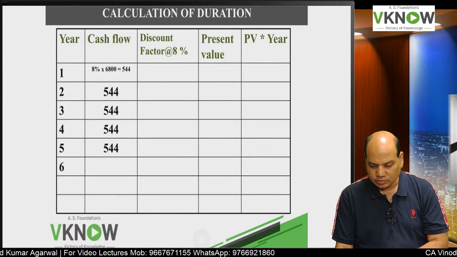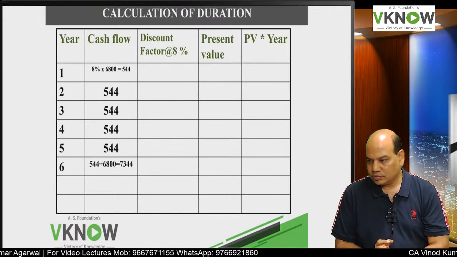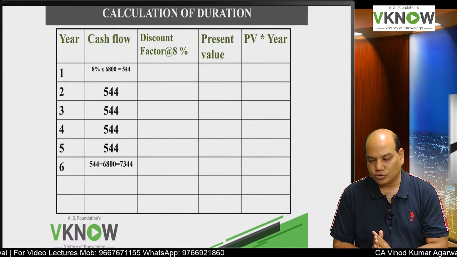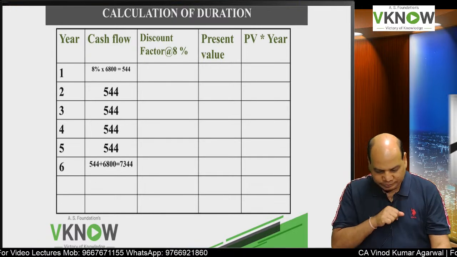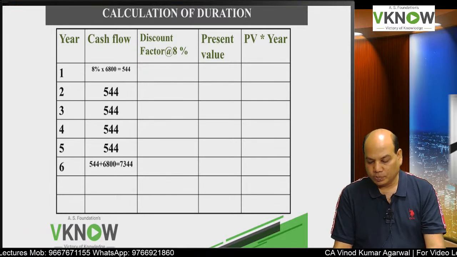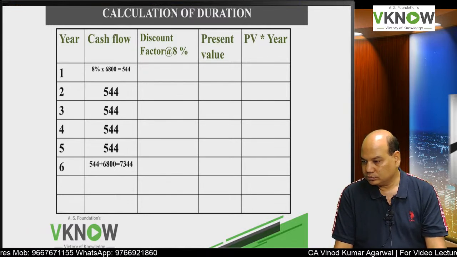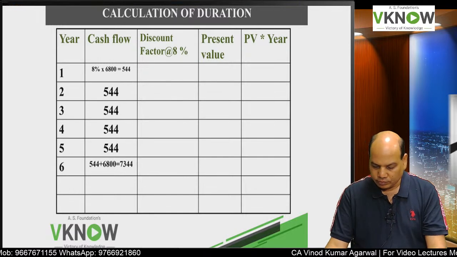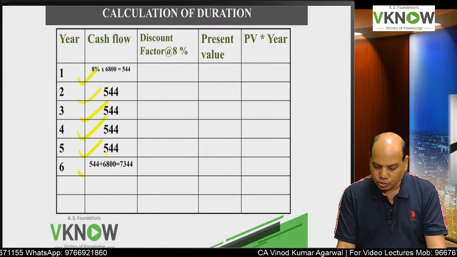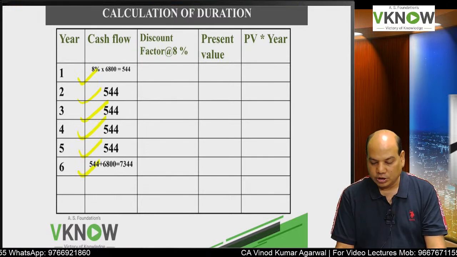So we'll take 8% of 6800. You can take only 8 rupees also to solve. In the last year he will get 544 plus 6800, 7344. So these will be his cash flows if he holds the bond till maturity.